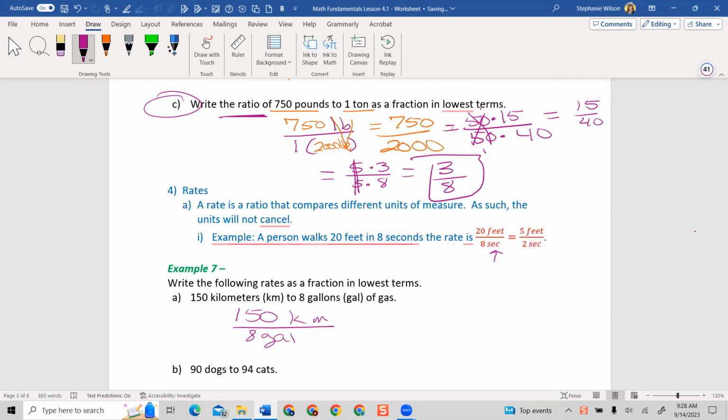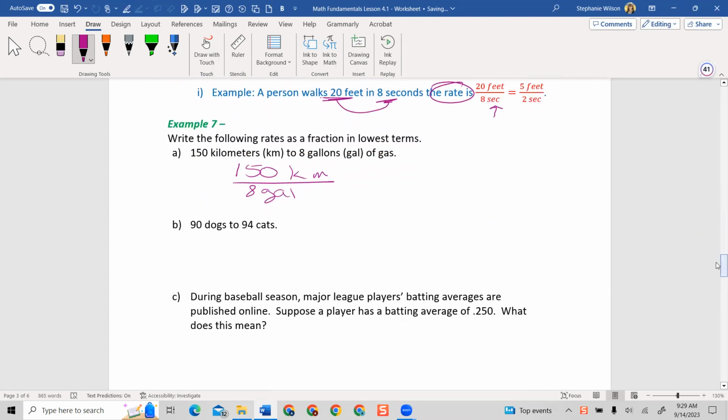However, now we're doing rates, and all we're doing is taking what's given to us and setting it up in ratio form, which is a fraction, right? So on A, for example 7, this is the format we're going to use: 150 kilometers per 8 gallons. And then we're going to reduce if we can.